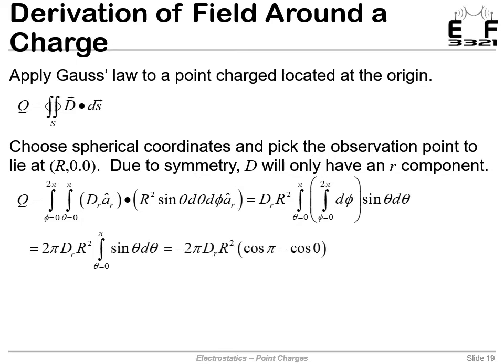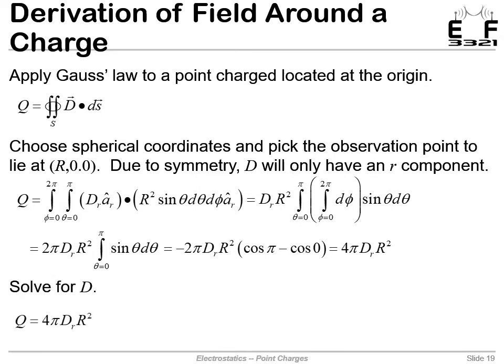So the integral of sine is a negative cosine, and we bring that negative sign out here, and then we evaluate cosine of pi minus cosine of 0. And when we do that, cosine of pi gives us a negative 1, minus a positive 1 gives us a negative 2 inside these parentheses. That negative 2 combines with this negative 2 to give us a positive 4.